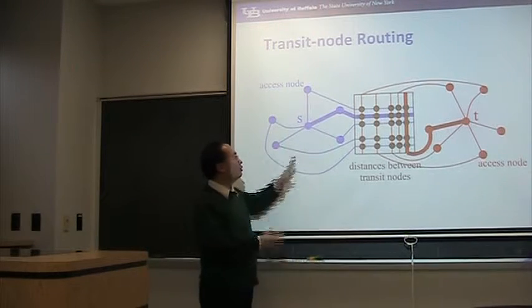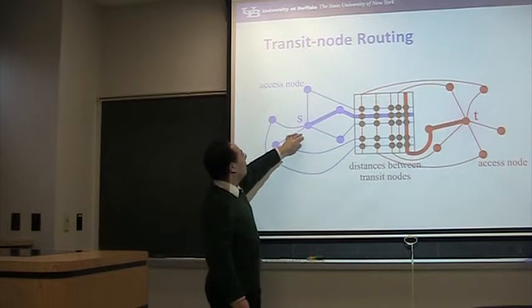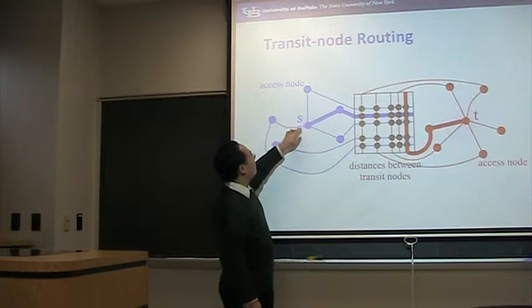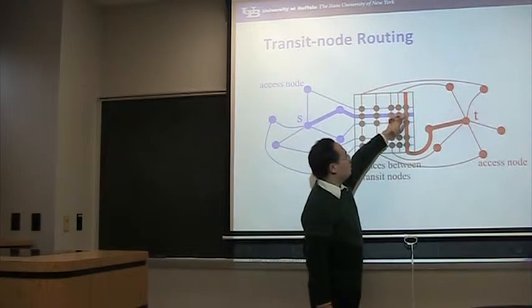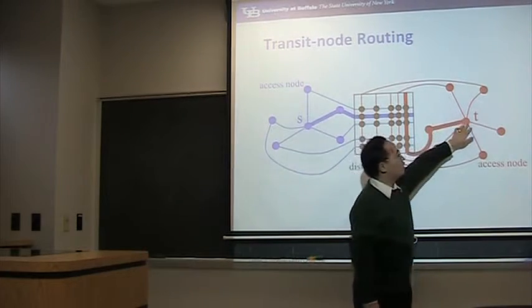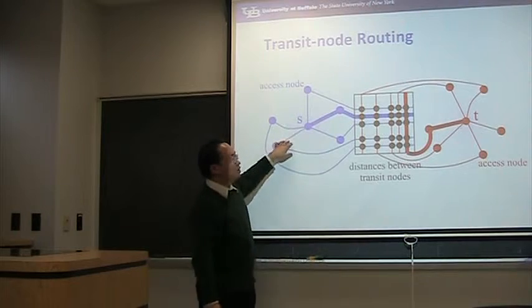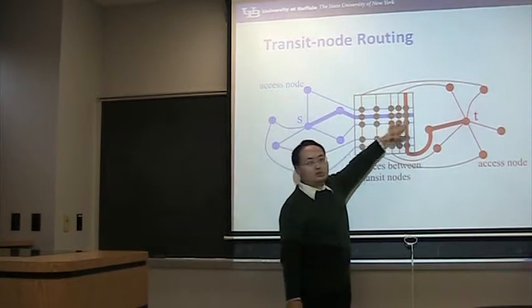If not, the distance from S to T will be equal to the closest one of these pairs. So S to this access point, then the access point to that access point, and the distance between this access point and the destination. And this is a local search. This is another local search. Between them, we can just use table lookups.